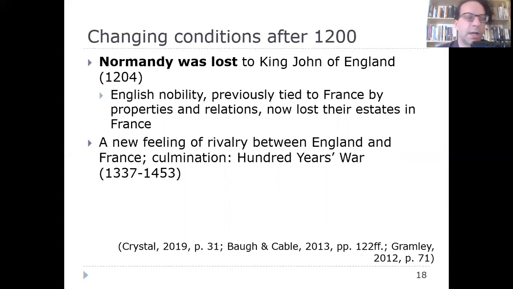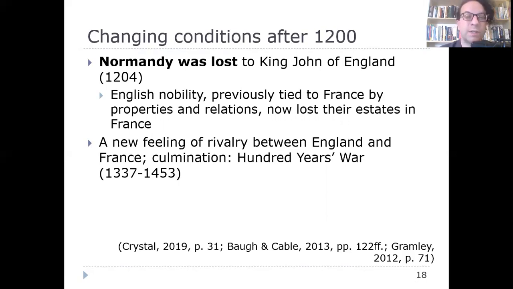They maybe had families and relations on both sides of the channel. Now they were losing their estates, and they had to sort of make up their mind where they belonged, whether they saw themselves as Englishmen or as Frenchmen. So there was this separation process going on after the loss of Normandy.